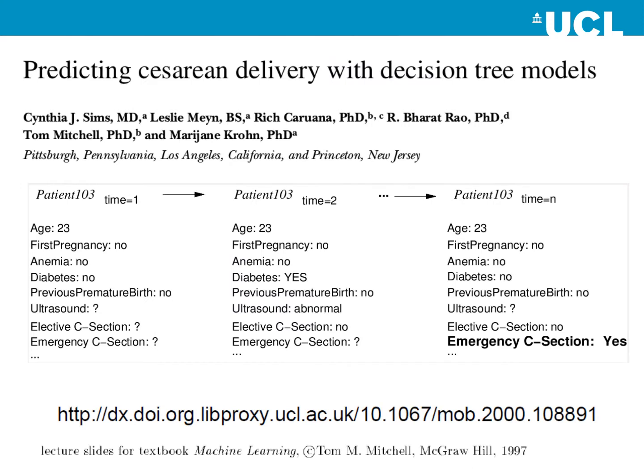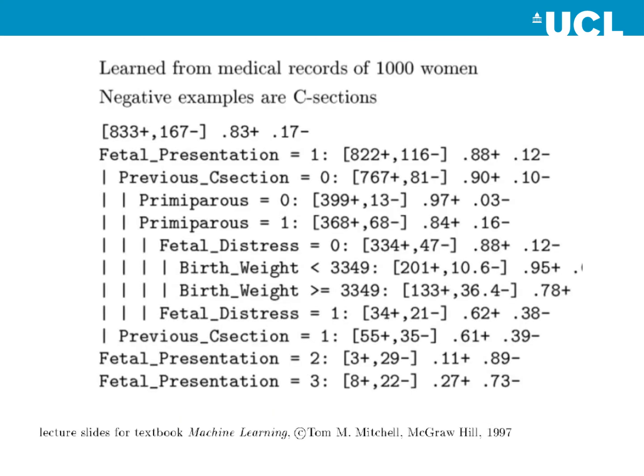Another example would be to predict cesarean delivery with a decision tree model. Consider we have a huge training set of patients who previously had a C-section or no C-section based on individual clinicians' decisions. If we expose a decision tree algorithm to this training set, it would construct different splits, and based on these splits, you have a decision tree.